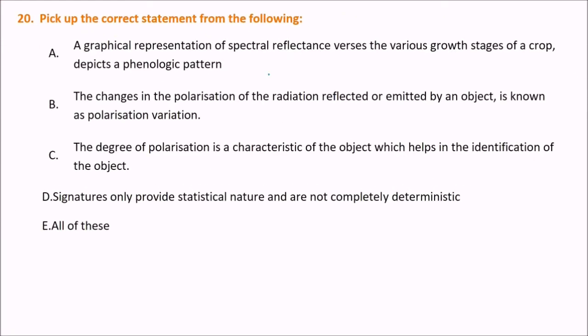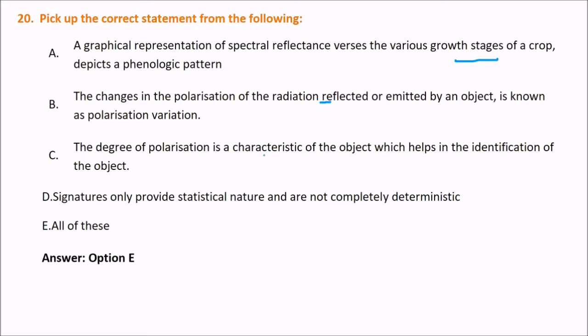Pick up the correct statement from the following. Please read these and try to pick up the correct statement. The answer is all of these, because a graphical representation of spectral reflectance versus the various growth stages of a crop depicts a phenologic pattern. The change in the polarization of the radiation reflected or emitted by an object is known as the polarization variation.